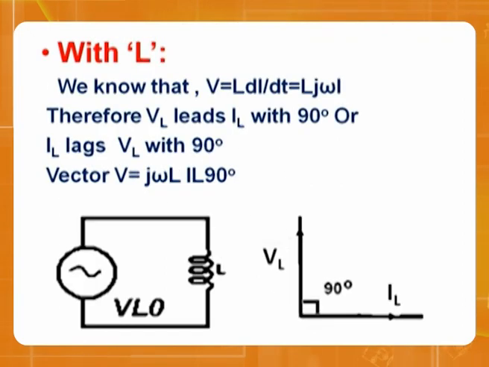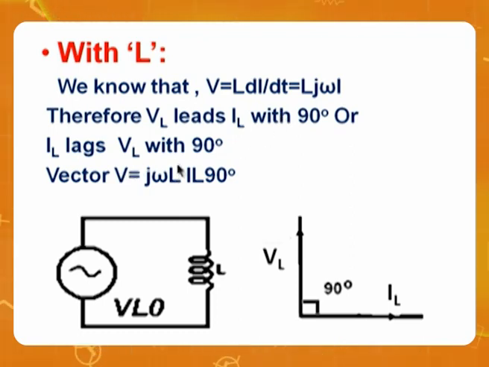Now let me take you to the inductor. With an inductor, V is equal to L di by dt. If we take the Fourier transform, differentiation becomes j omega I. Therefore, V is equal to j omega L I. What is the j omega? j omega means 90.